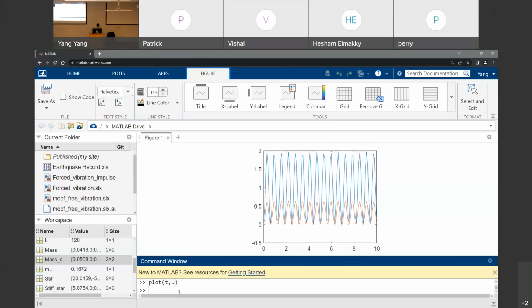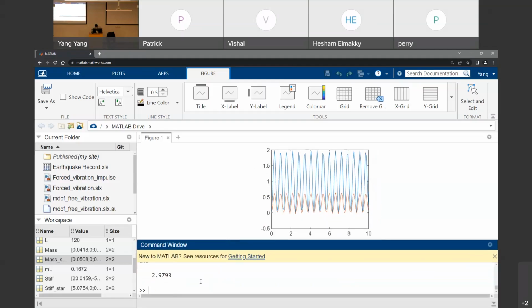The force is equal to 5 times L over, that's 2.9793 inches. Oh, no, it should be over 3 times EI, sorry.